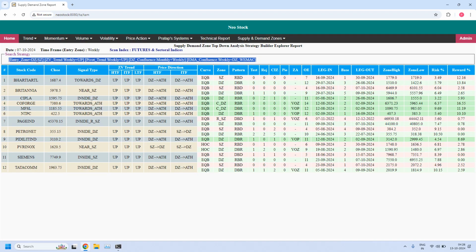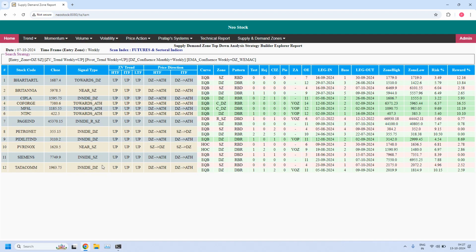This is the strategy I applied: the weekly trend should be uptrend, zone violation, even swing high-low trend is also uptrend. After that, demand zone confluence, monthly and weekly, EMA confluence, weekly demand zone with weekly EMA confluence, and these zones are part of the monthly zone. This is how we filtered high probability setups.